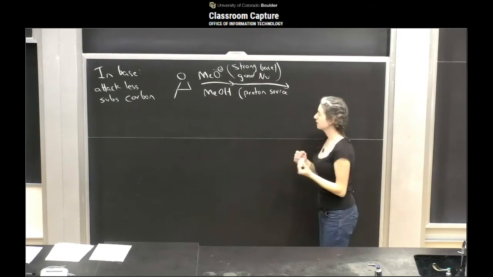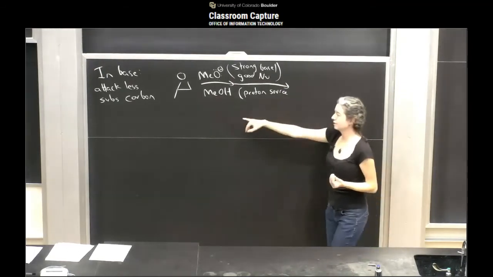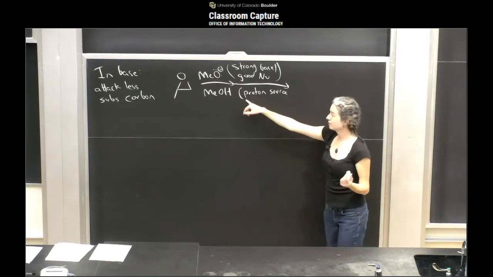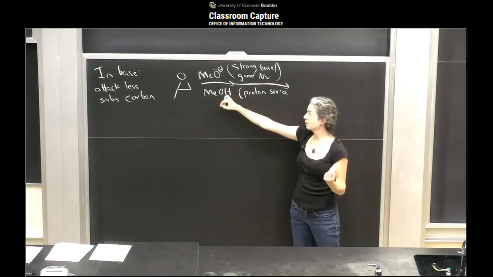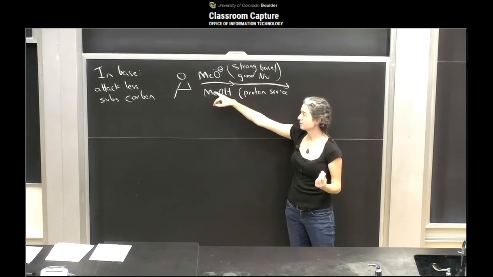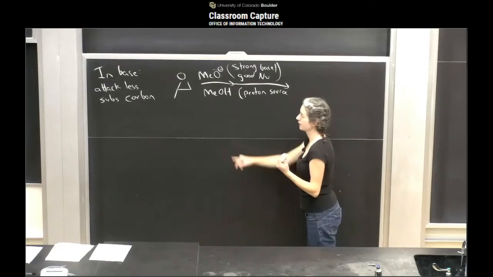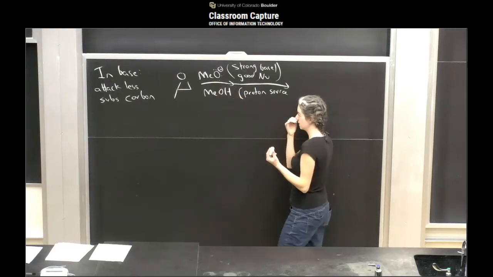It's not really acidic, but it can donate a proton if it has to later on. And also, the good thing about this is, once this thing donates a proton, you're just recreating more of the MeO-, so you're making more methoxide as you go along. So it's a catalytic amount of methoxide that you need.